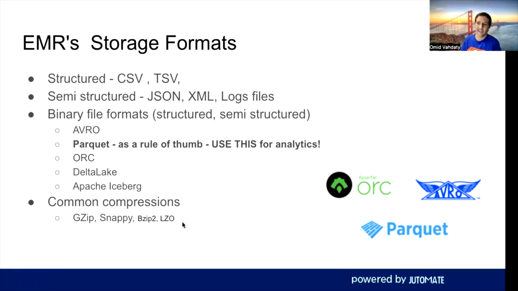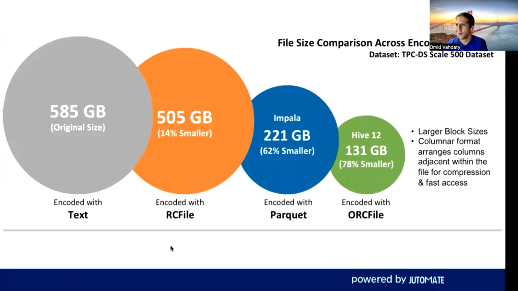What's a compression? It's like a zip on your computer. So essentially, the better your compression algorithm, the less disk space you will use, and the more effective you will be in your job processing. Questions?